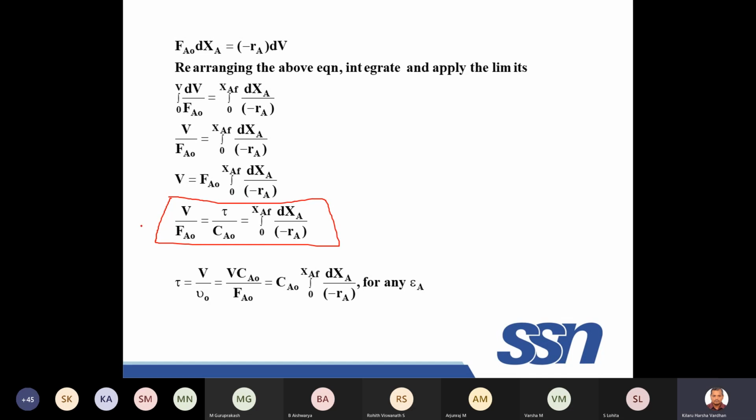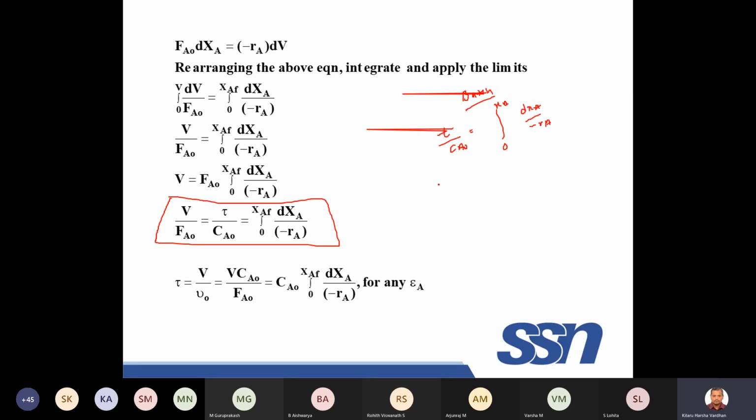Now can anyone tell what is the design expression for a batch reactor? For a batch reactor, what is the design expression? t by CA0 is integral 0 to XA dXA by minus rA, correct?